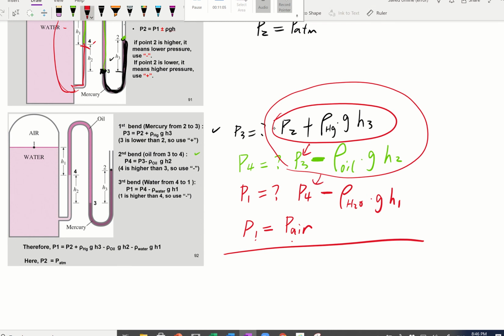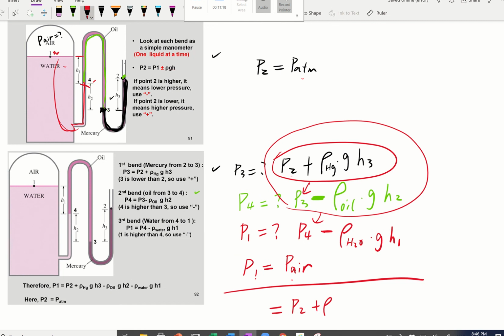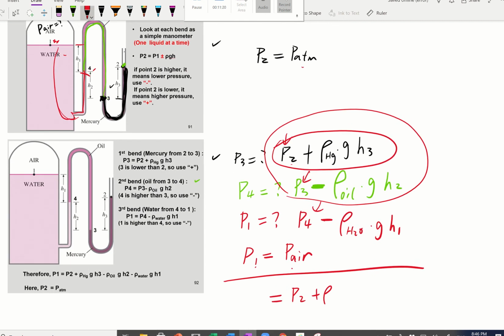So in other words, P1 or P air is going to be all of this, let's write it down: P2 plus... before we do, we already figured out P2 is atmosphere pressure, so I can replace this P2 with atmosphere pressure.